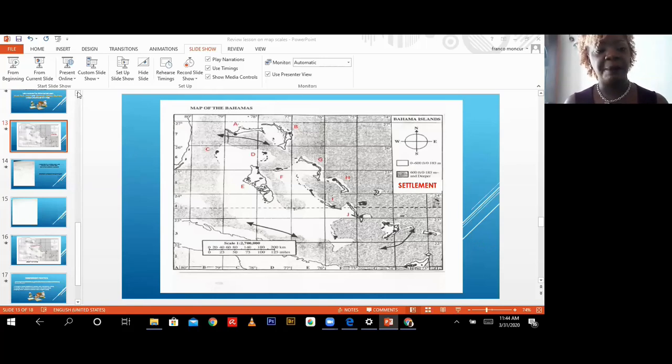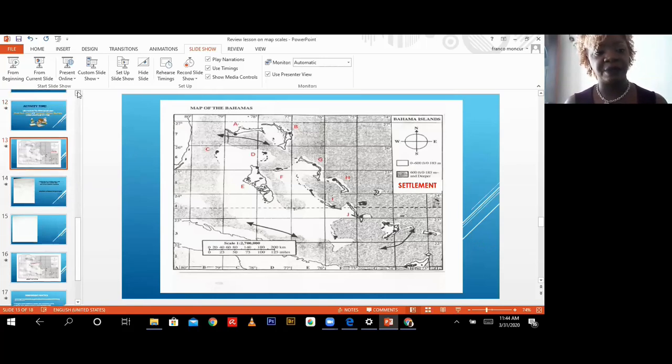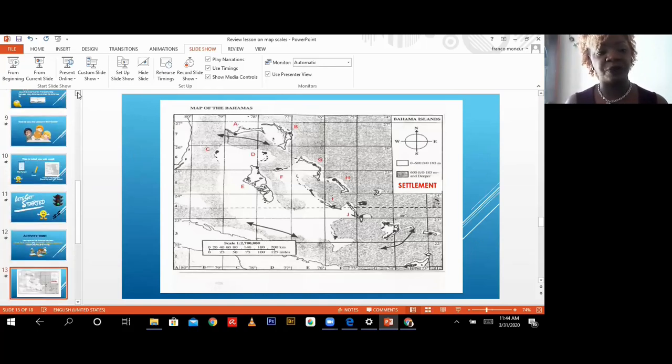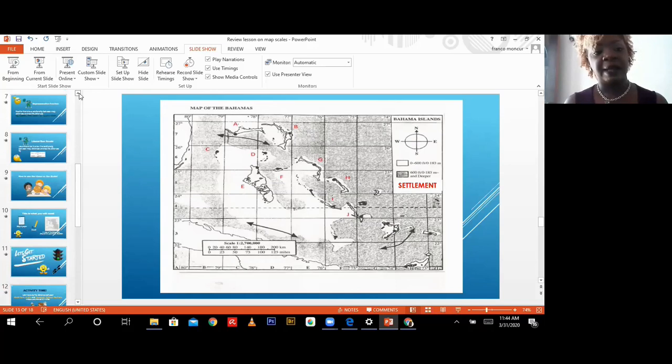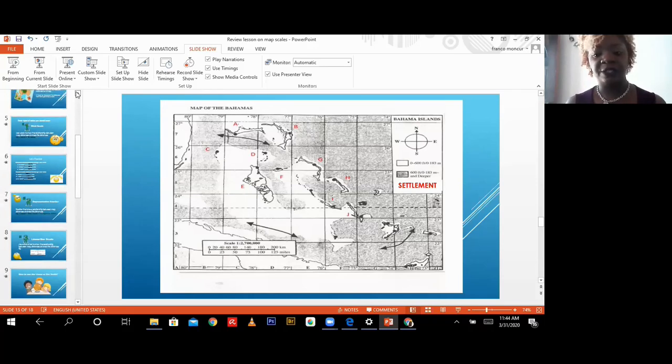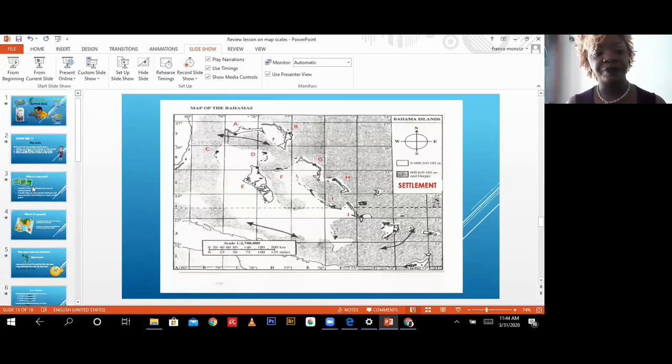Let's go up to one of my other screens that I want to show you just as a recap. Let's recap some of the things that we would have looked at today. All right, so we would have learned the importance of maps.